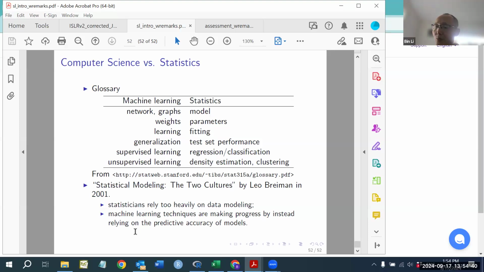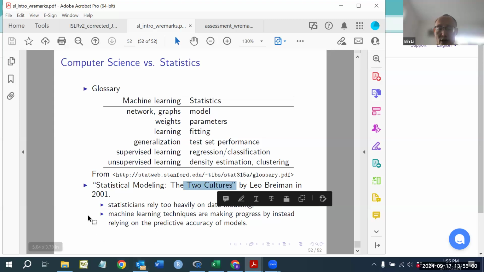So in this paper, two of the main points that Leo Breiman made is that traditional statisticians rely too heavily on data modeling. That's one of the two cultures he mentioned.